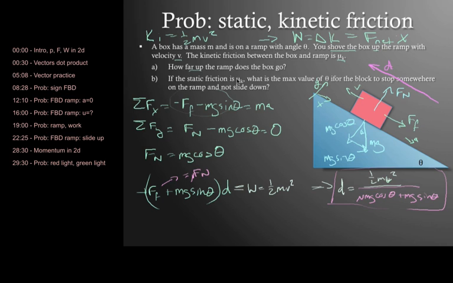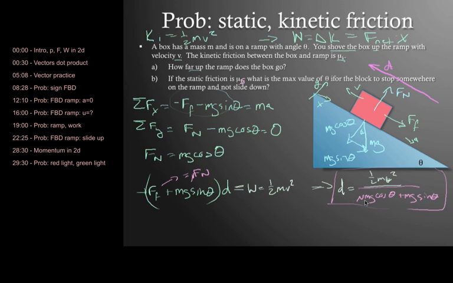If the static friction is mu s, then what's the max angle theta for the block to go up and then stop somewhere? What this really means is that you're going to push this box, it's going to slide up the ramp, and go up some d.